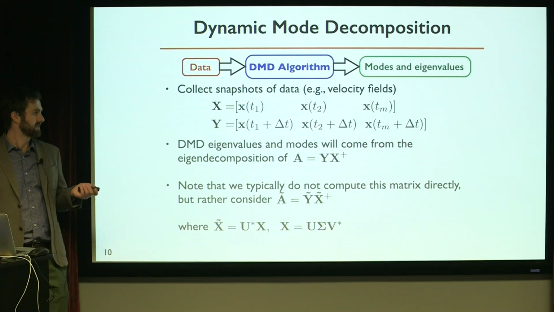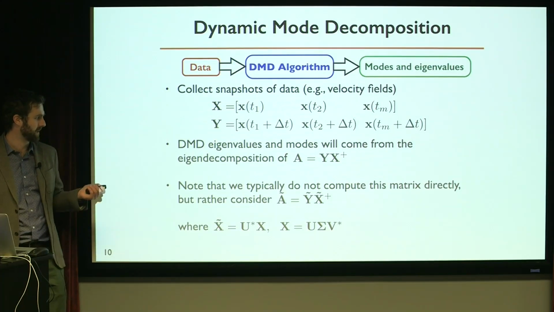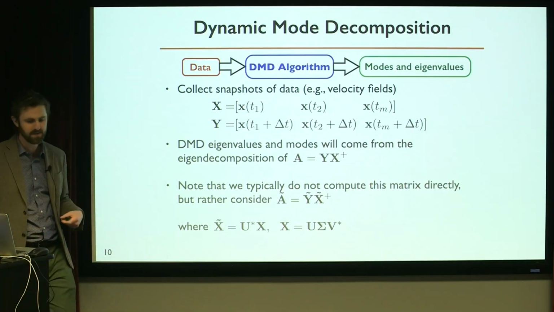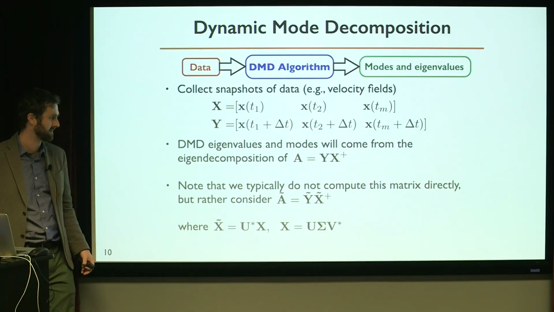So to skip over some details, the idea behind the algorithm is we're trying to find some linear propagator that maps our system one time step into the future. And there are a number of ways that this can be done.